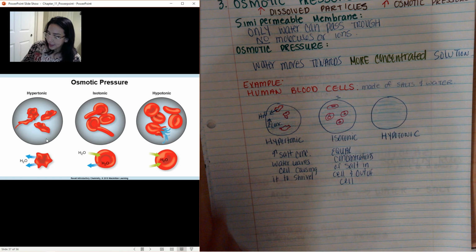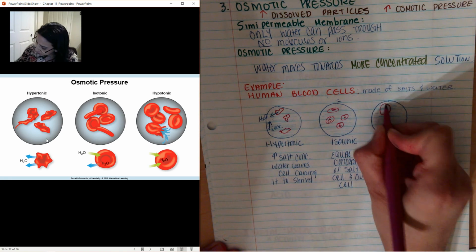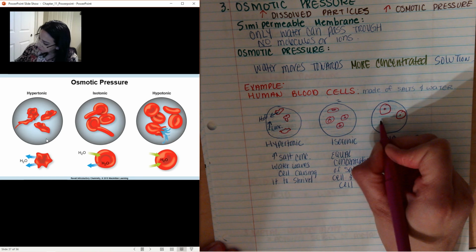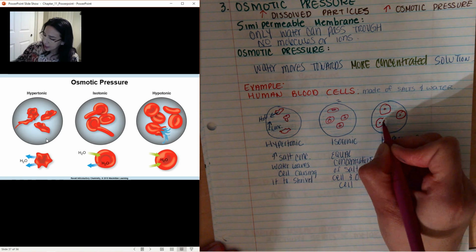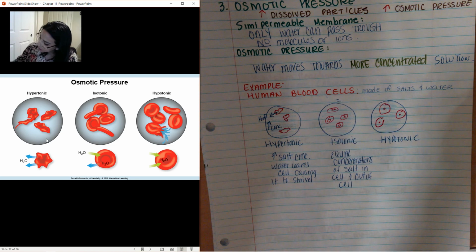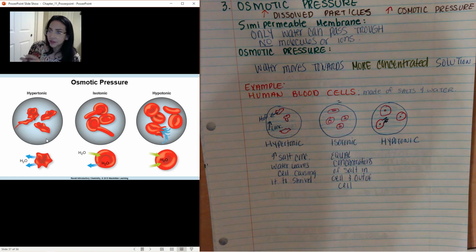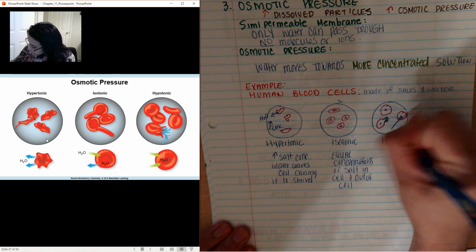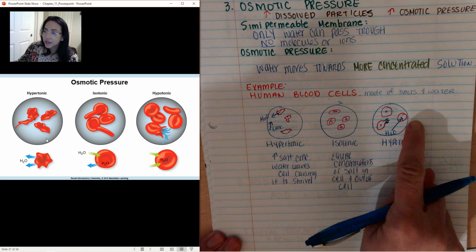And then if we look at this other one, you'll notice that the cells are super ballooned up, right? And when they get super ballooned, they actually burst. If it bursts, it's going to be releasing water as well. But the reason it's bursting is because water, H2O, from the outside is going into the cell.